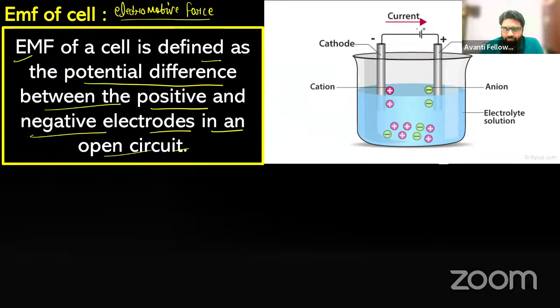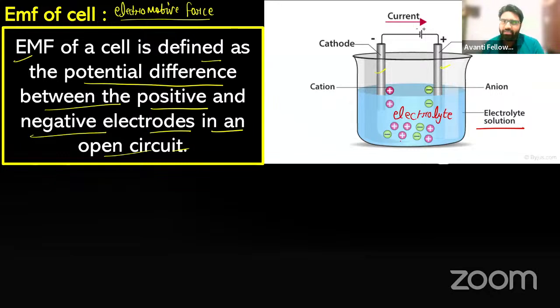Here you can see this is a battery or a cell. Here we have two electrodes, one positive and another negative. This particular cell is filled with some liquid, which is termed the electrolytic solution, also mentioned here.